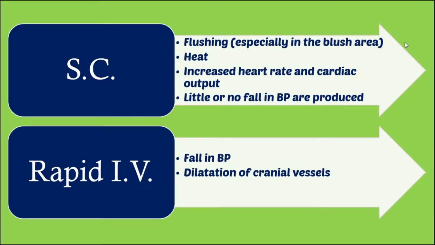On subcutaneous injection, histamine causes flushing, especially in blush area. Then after it produces heat. Next is increased heart rate and cardiac output, and lastly there is little or no fall in blood pressure, right? So let's understand these points.